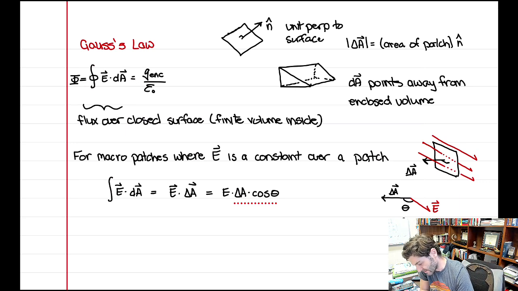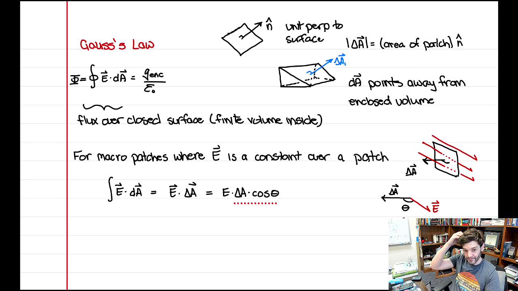So for this prism over here, if I were to define the normal vectors, I would say there are 4 sides to this thing. There's this diagonal side, which might have a normal vector that looks like that. So that might be delta A1. It's perpendicular to that diagonal side.